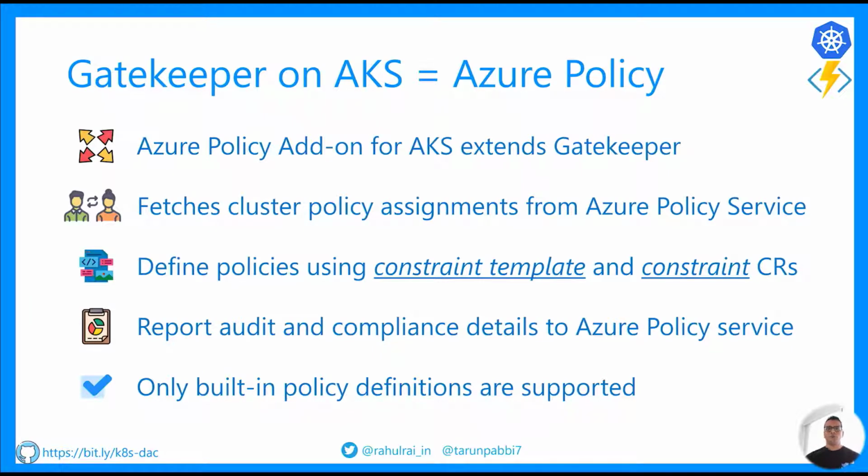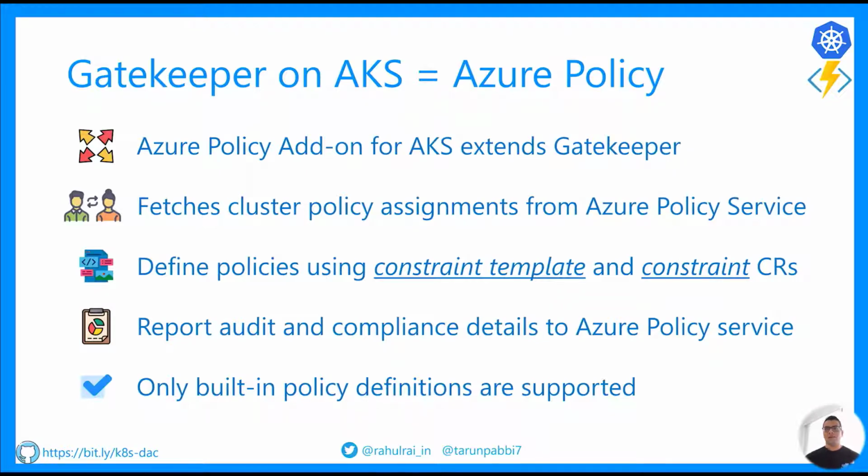Next, it deploys policy definitions as constraint template and constraint custom resources. Finally, it reports the audit and compliance details to the Azure Policy Service, which you can later inspect on the Azure portal.